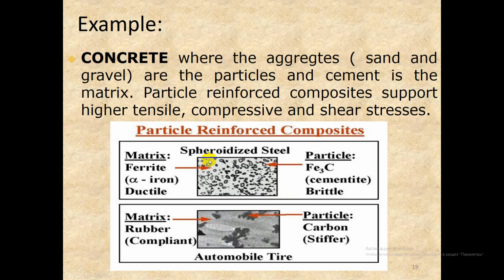This is spheroidized steels. And this is the next example, with matrix rubber, compliant, and particles carbon, stiffer, for an automobile tire.